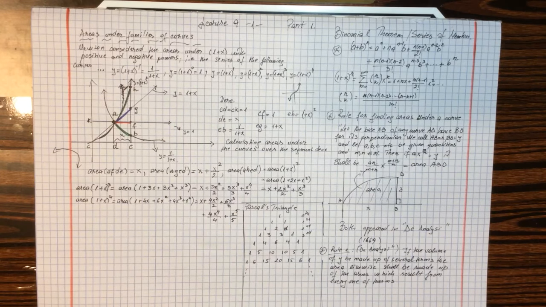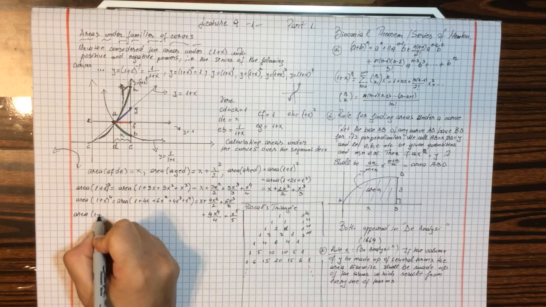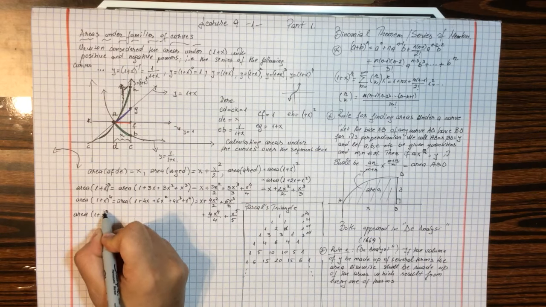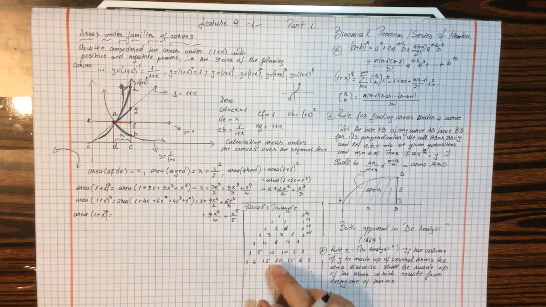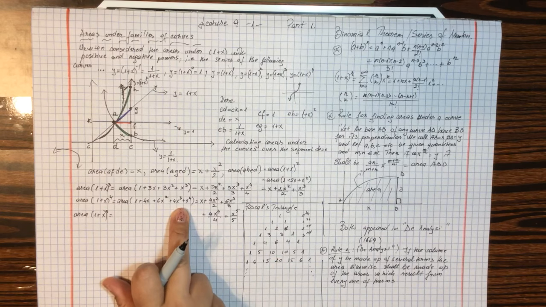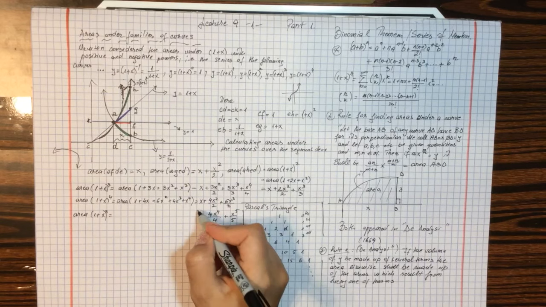Okay, let me do one more. Then the area under 1 plus x to the 5. Again, using the fifth row of Pascal's triangle, you can write it like we did before, just to save some space here.